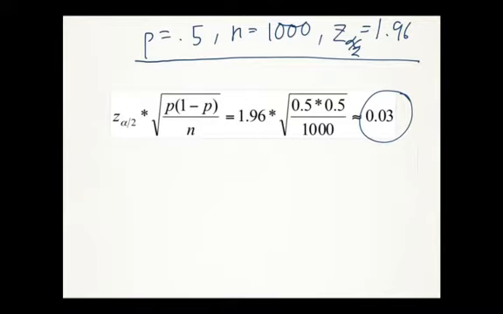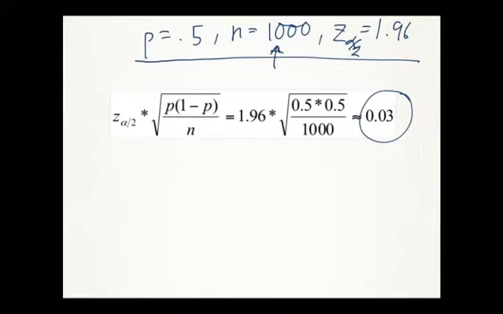So the margin of error tells us the plausible values for the true proportion accounting for sampling variability. Remember, sampling variability means we sampled 1,000 people and got a particular value for the approval rating, but if we sampled a different 1,000 people, we would have gotten a different estimate of the approval rating. So that's called sampling variability.